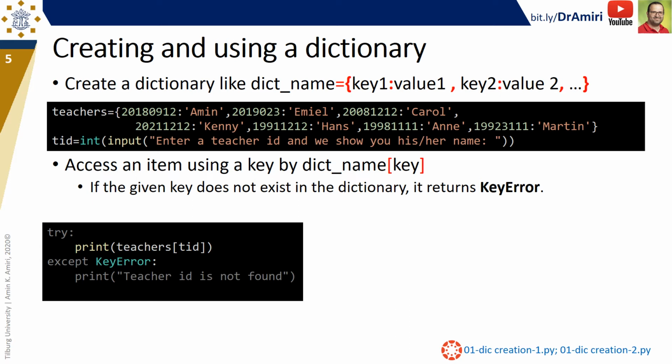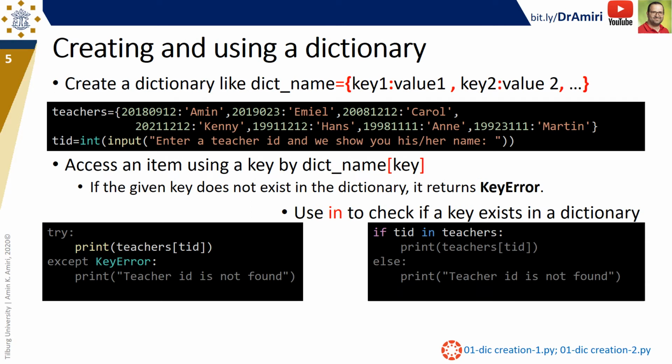If the TID does not exist, if a random number such as 123 is provided, then the dictionary returns a key error. And you can use try except to handle that runtime error and print teacher ID is not found.